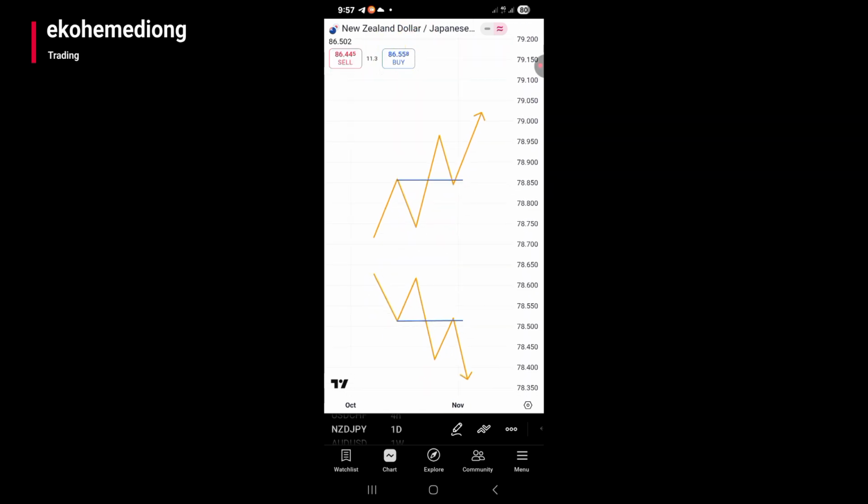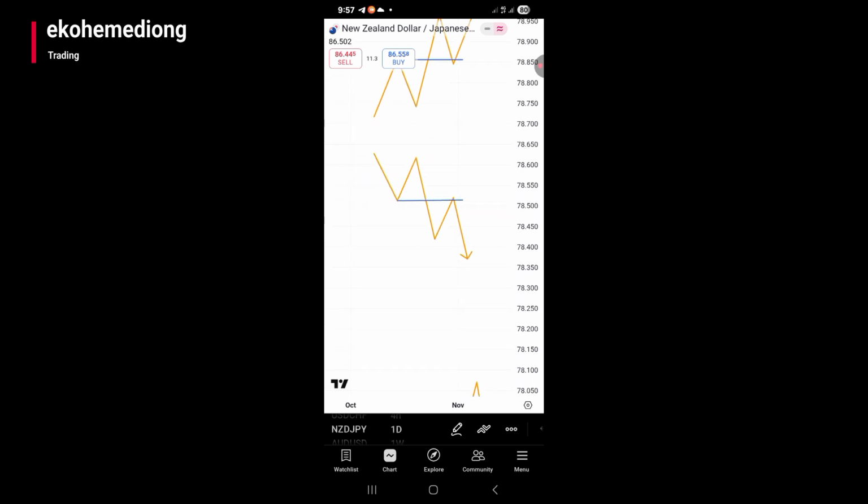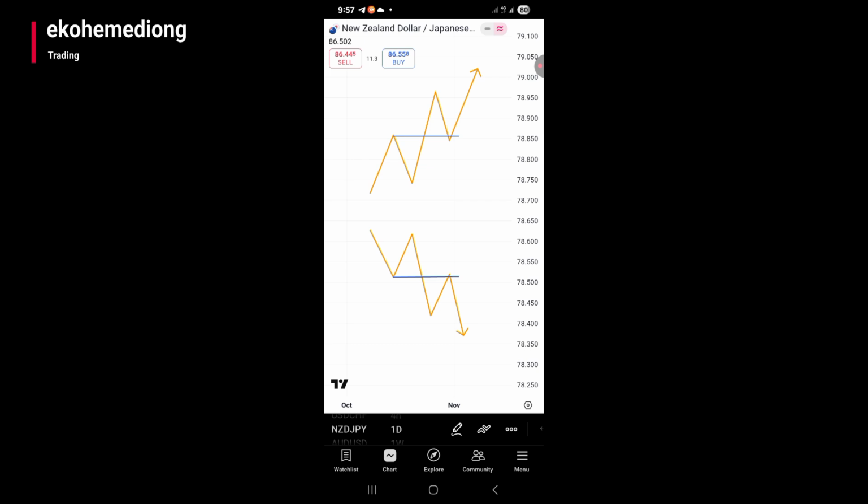This is the slide of what I was trying to tell you, that it's going to offer fair value. Here it offers fair value to continue higher, and this is a bullish fair value area, and this is a bearish fair value area. Here it offers fair value to continue lower.